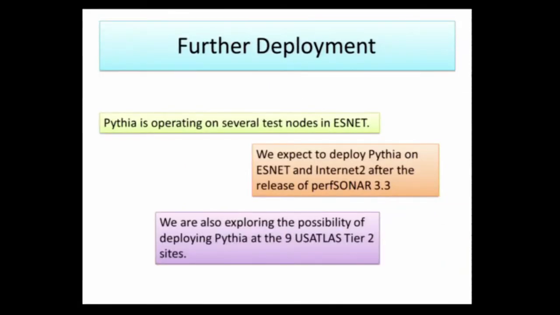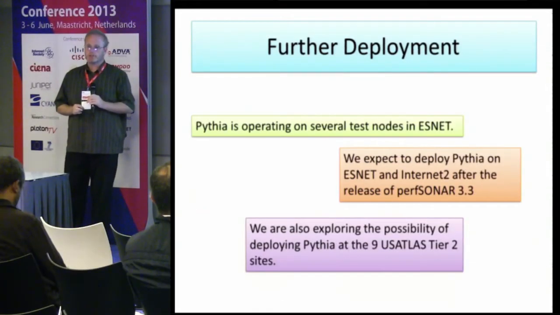In addition to that test bed, we've got a couple of machines running in test nodes within the ESnet network in America. And as soon as perfSONAR 3.3 is released, I expect to roll that out to production perfSONAR boxes in ESnet. I'm also talking with some of the Internet2 people about deploying perfSONAR then again, and I expect to roll that out after 3.3 is released.